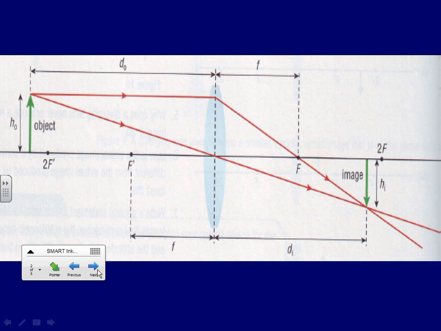My distance from the lens out to the object is my DO. I just put arrows on there to talk about that DO. All right? The height of this object is HO.